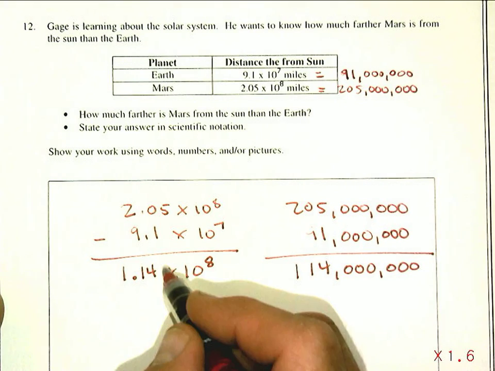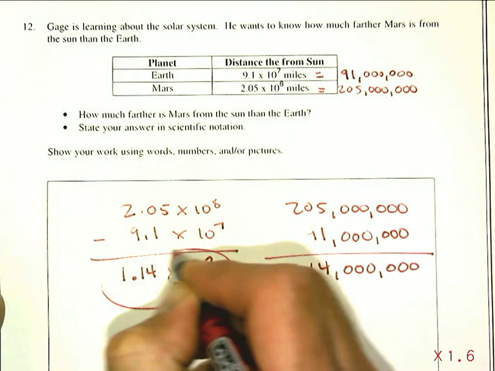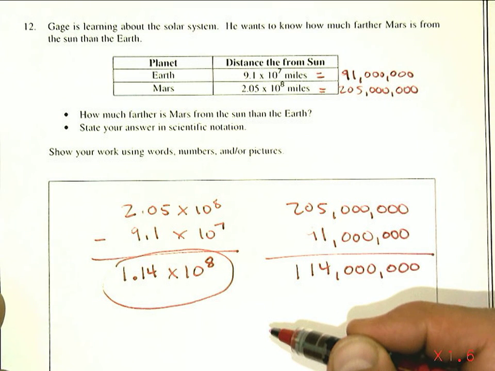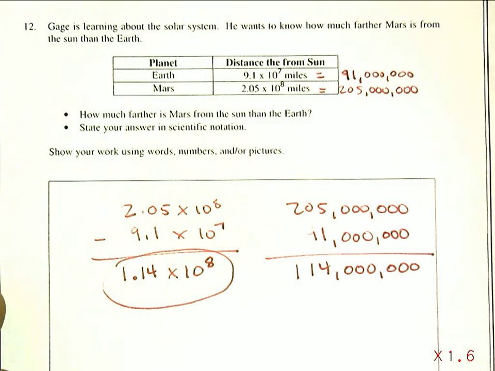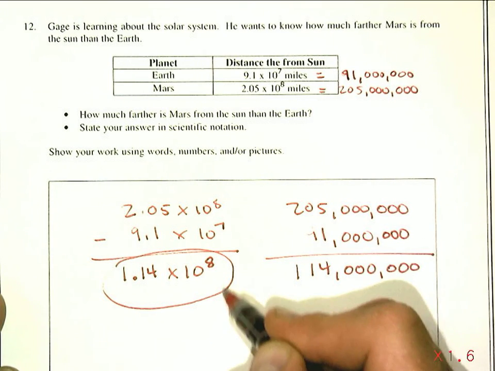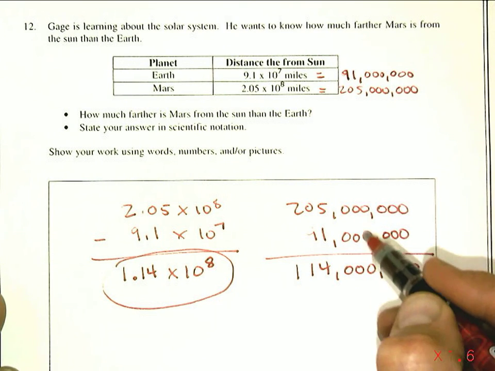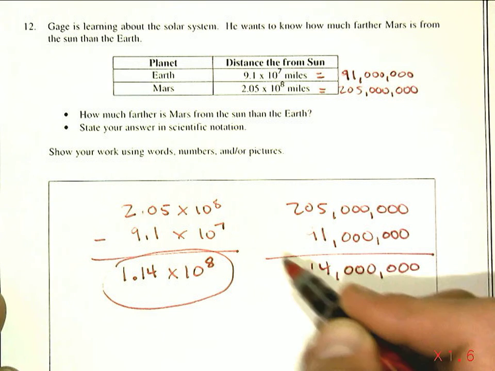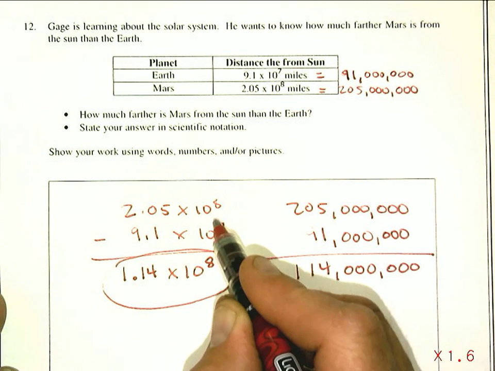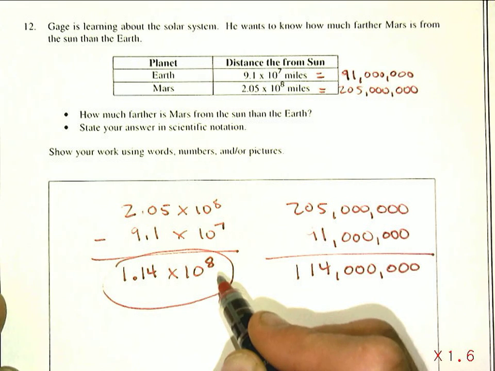So that's how much farther Mars is from the Sun than the Earth, in scientific notation. And that answers this question. I've shown you my work, shown you both scientific notation form and standard form, and this is how you would show this type of problem.